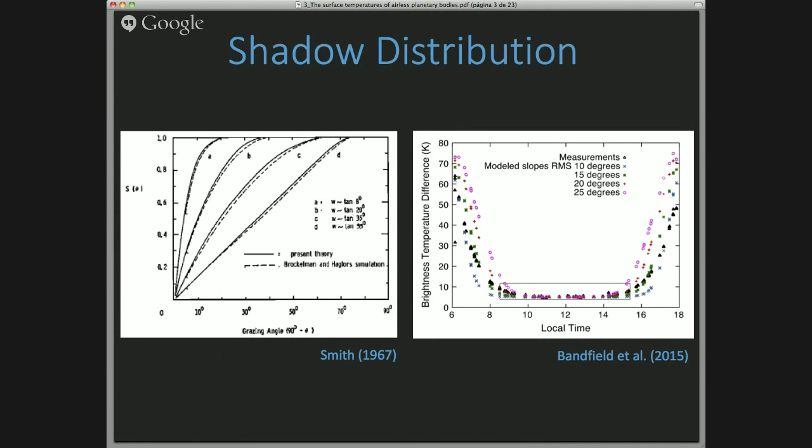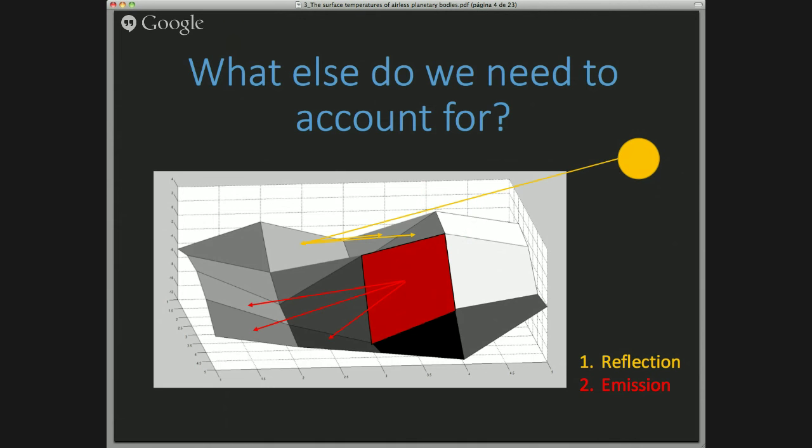So this is exactly what we need to account for, right? Because when trying to find those cold traps, only counting the shadows, only finding the amount of shadow a surface would have, is not really enough. We have to account for, of course, reflection and emission, which play a very important role in the shadowed part of the rough surface.